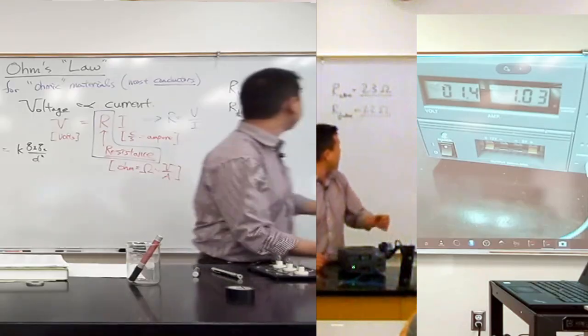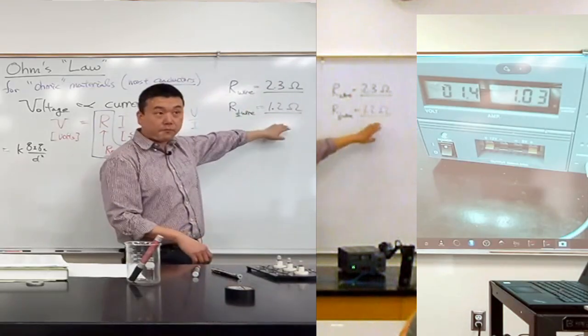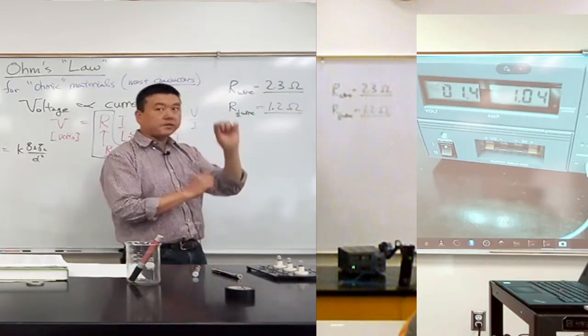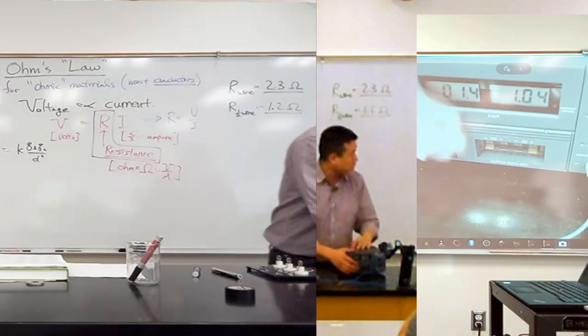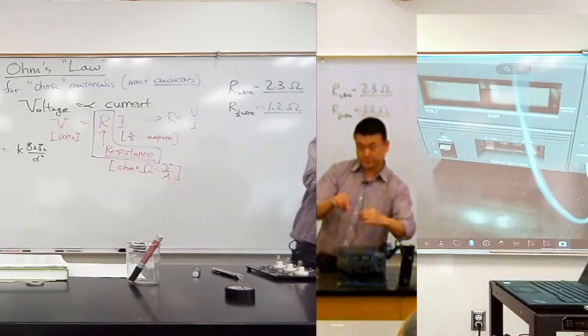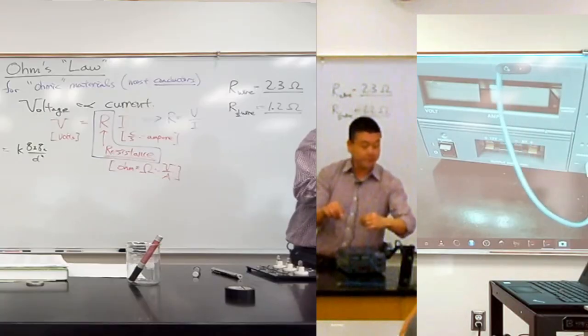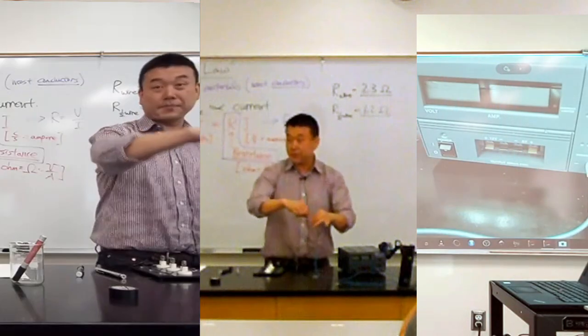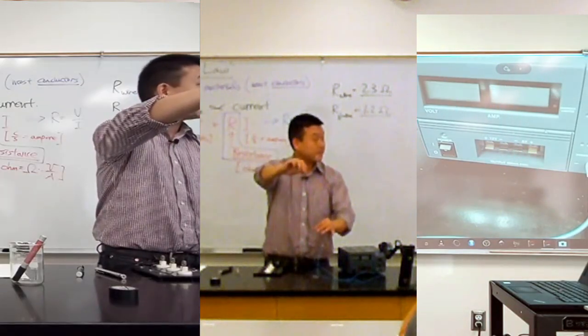So right now I see 1.4 instead of 1.2. And that small difference is the amount of resistance in this wire. Because, as I keep saying, this is only a piece of wire. It's not some specially made resistor.